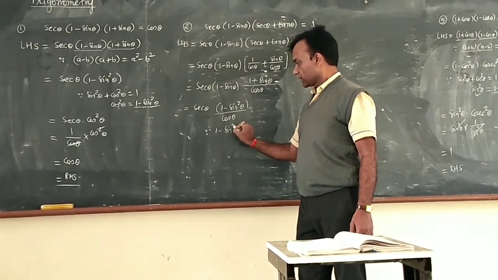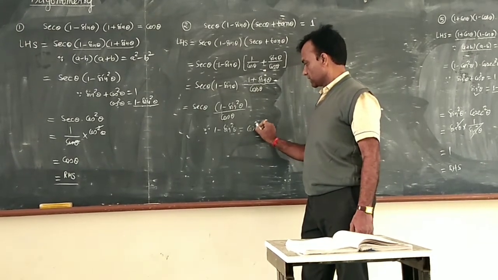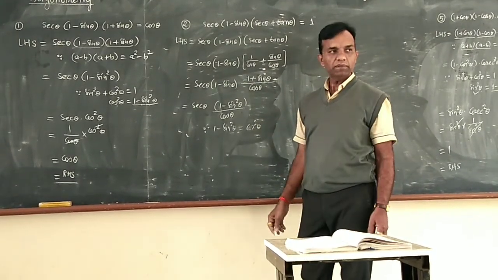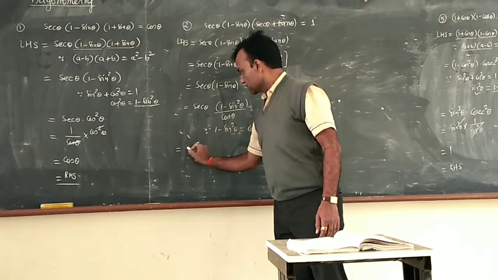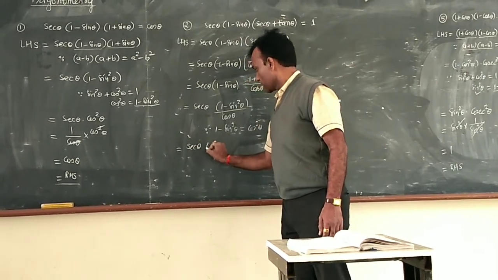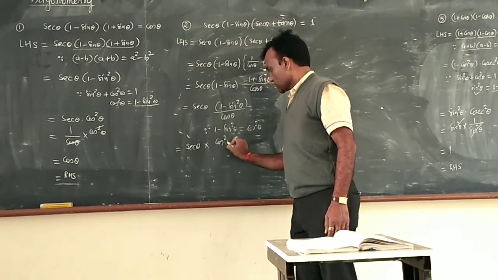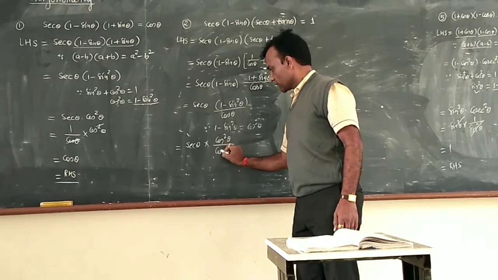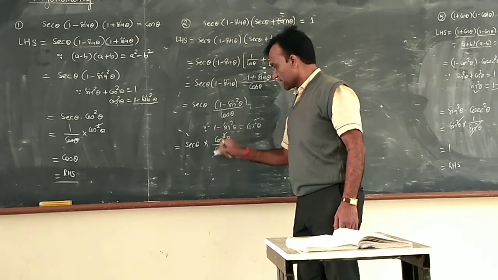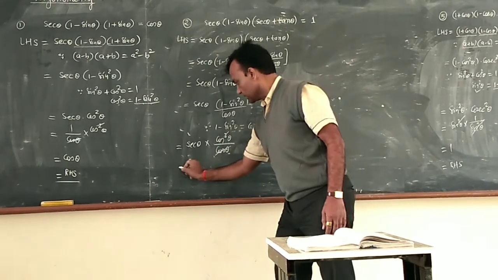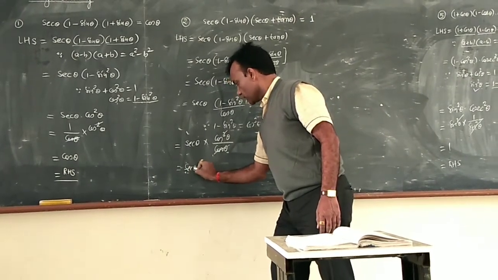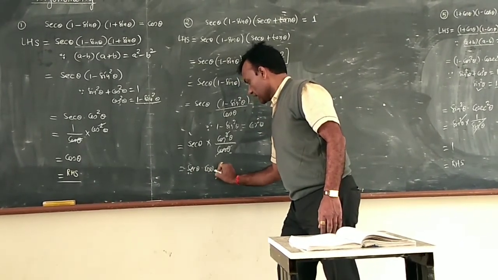That is cos square theta, because here we use the identity. Then sec theta into cos square theta upon cos theta. One cos cancels out. What is remaining? Sec theta into cos theta.